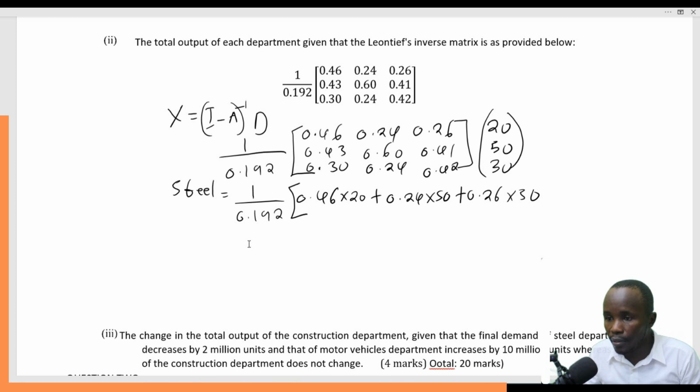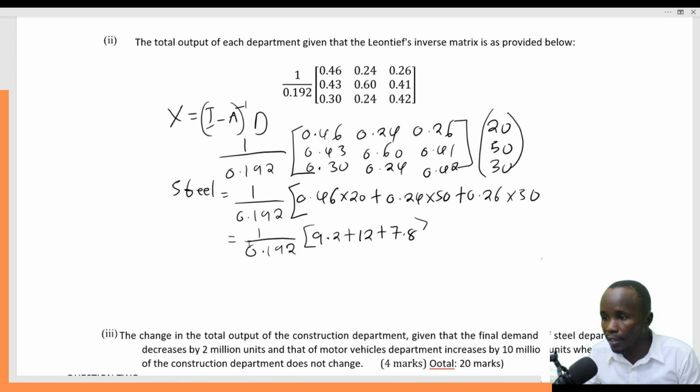So this will be 1 over 0.192 into 9.2 plus 0.24 times 50, which gives me 12, plus 0.26 times 30, which gives me 7.8. Finally, 7.8 plus 12 plus 9.2 gives me 29.